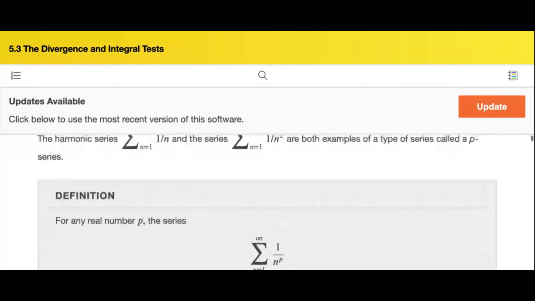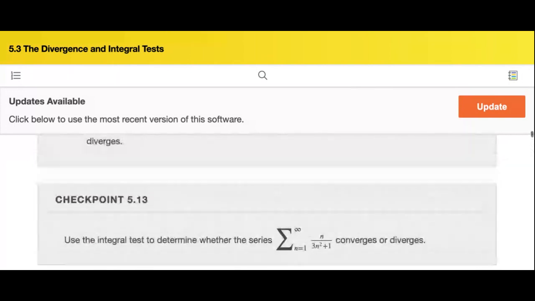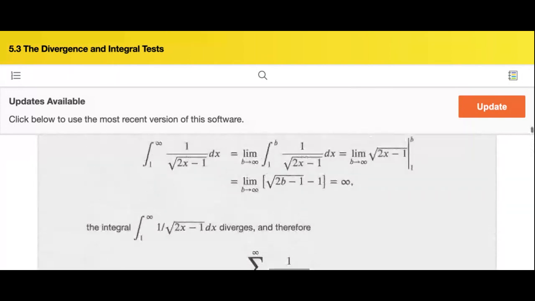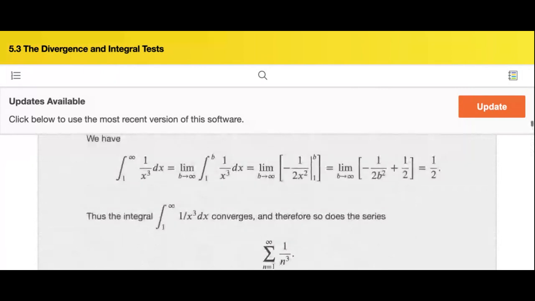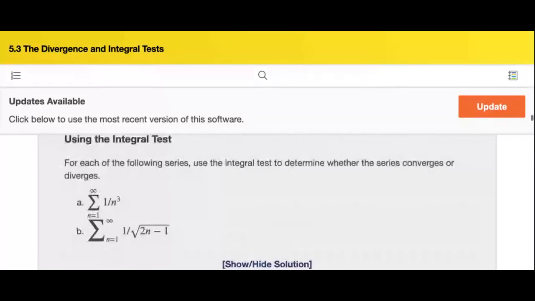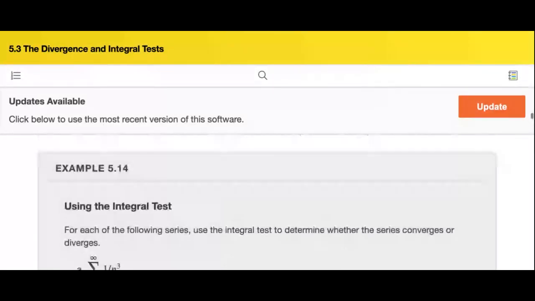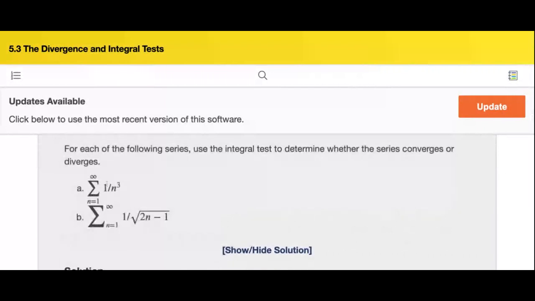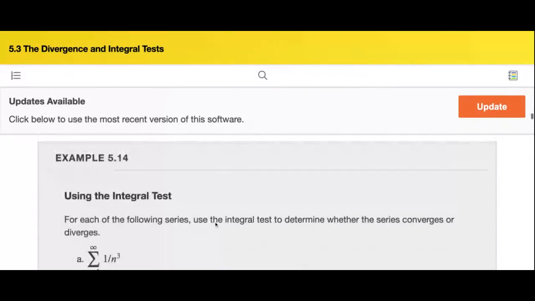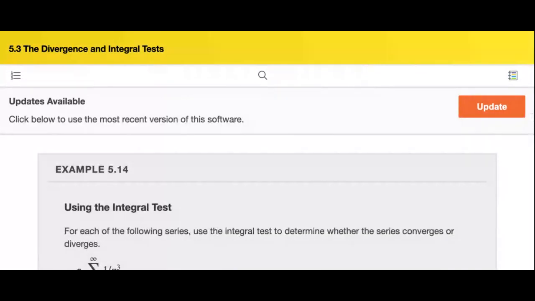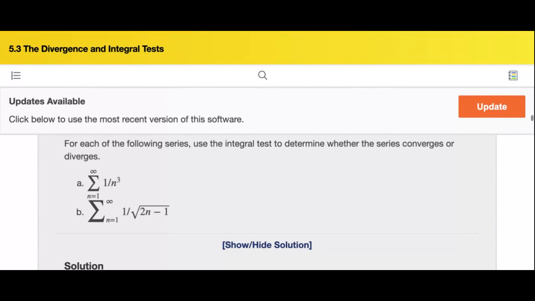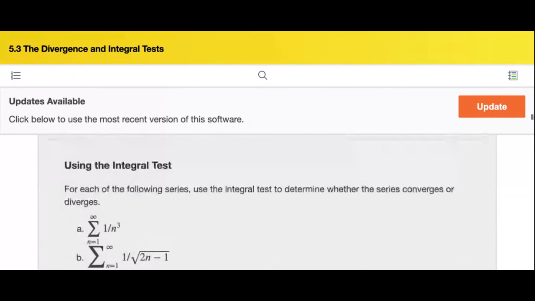Telescoping series, geometric series. Integral test: we find a continuous function to compare with, then take an improper integral. What are we comparing in the integral test? We're comparing the finite world and the infinite world.